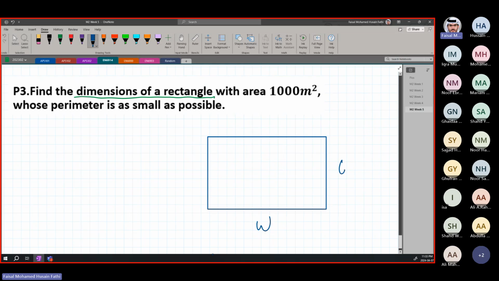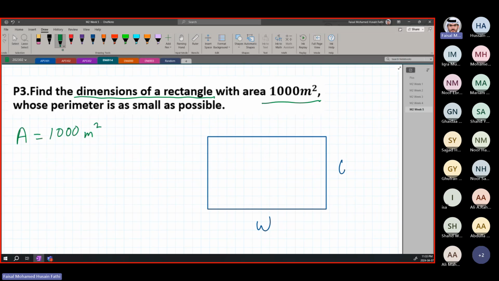Doesn't matter which you call length, which you call width. With the area of 1000 meter squared. So the area is equal to 1000 meter squared. What's the area of a rectangle? Length times width is equal to 1000 meters squared. So I write this instantly, and we should already know this.